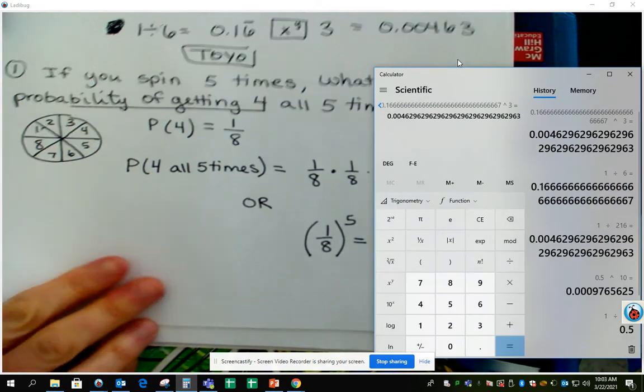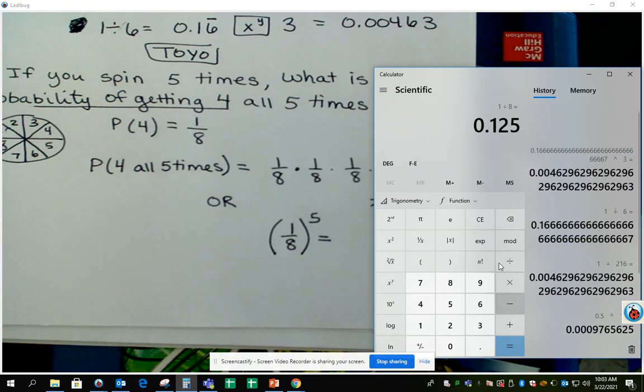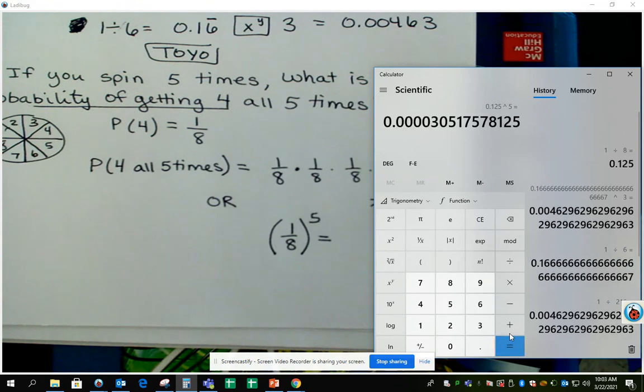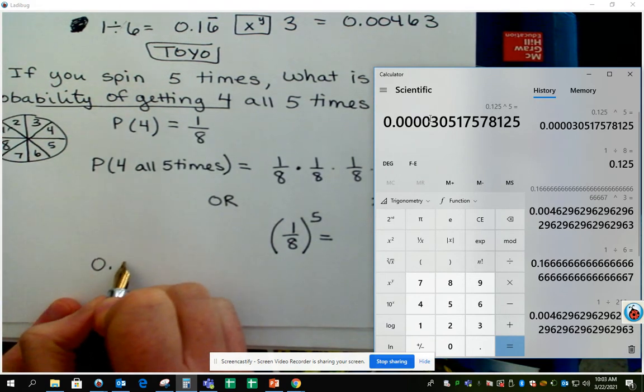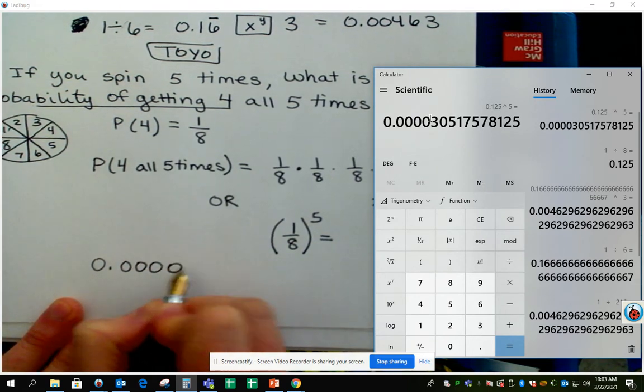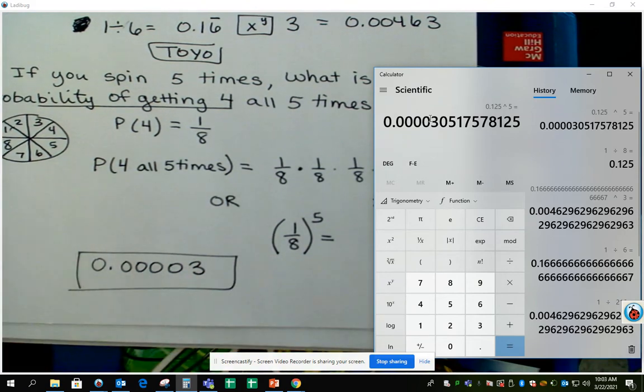I want to do 1 divided by 8, enter, that gives me this number as a decimal. Exponent button is x to the y, 5. Okay, so our answer will be 0.00003, and we just round from there.